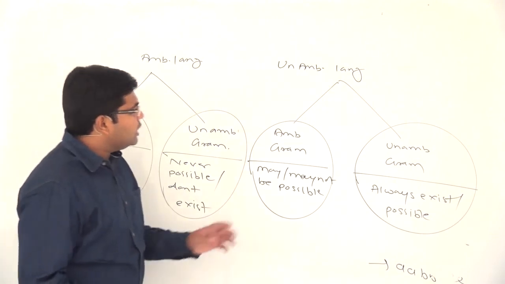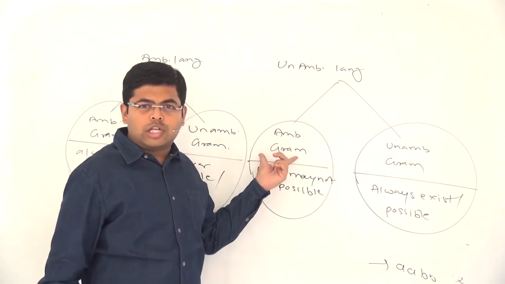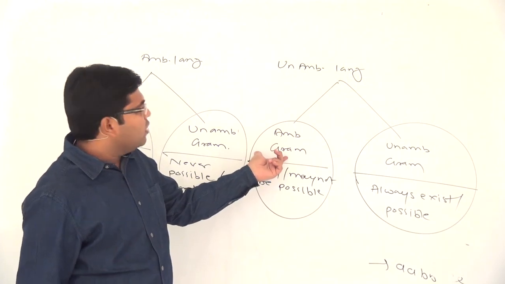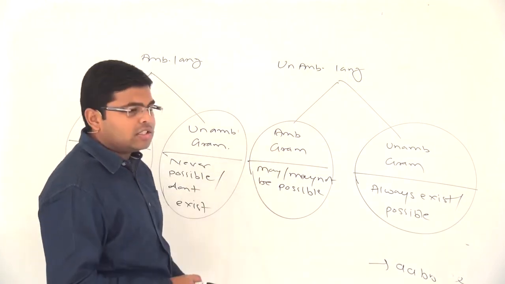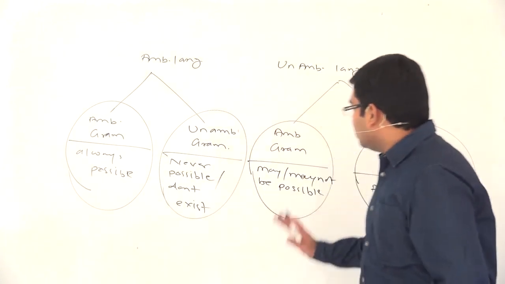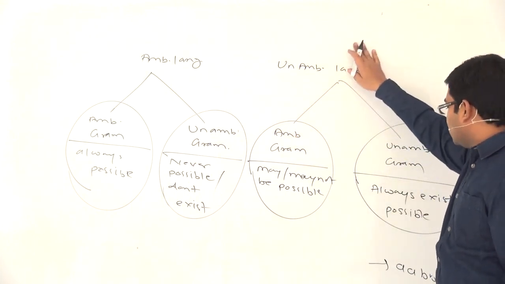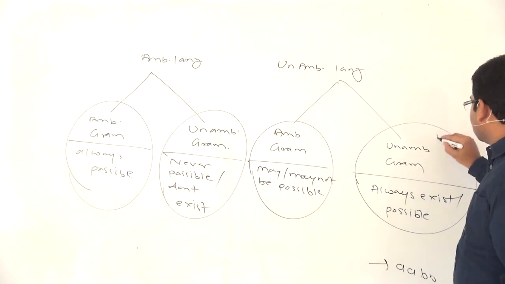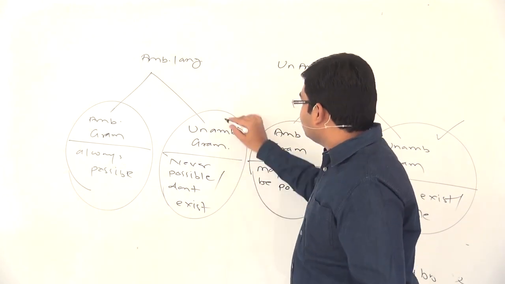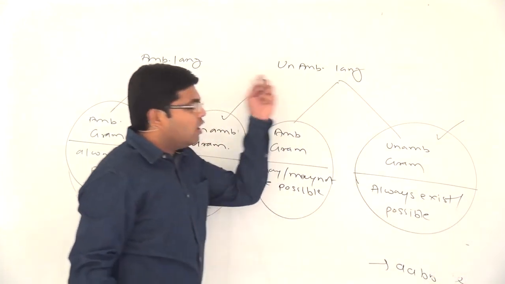Every ambiguous language can have an ambiguous grammar. You can always come up with an ambiguous grammar for any language. The important point you need to remember: as far as unambiguous languages are concerned, an unambiguous grammar will always exist, and as far as ambiguous languages are concerned, unambiguous grammars will never exist. So this is the definition of ambiguous language and this is the definition of unambiguous language.